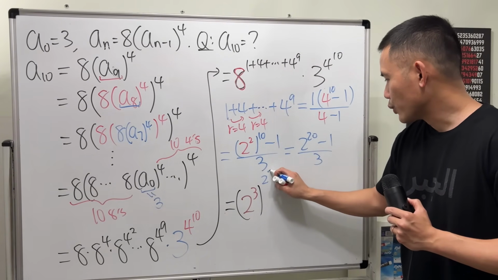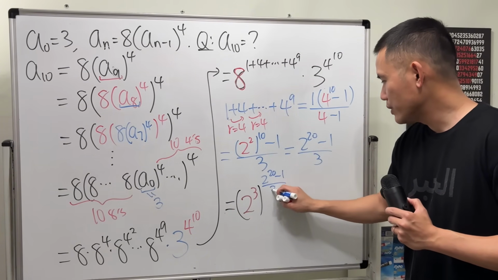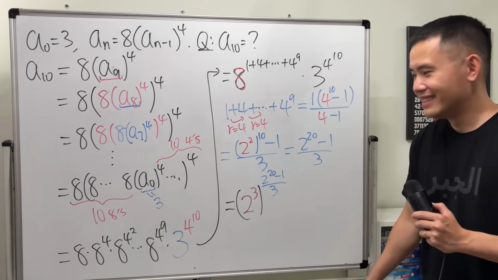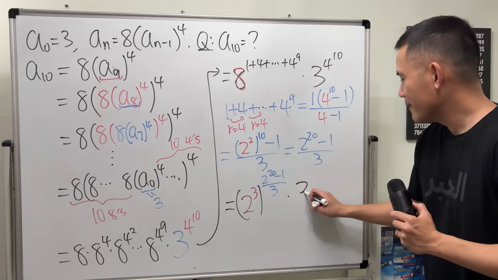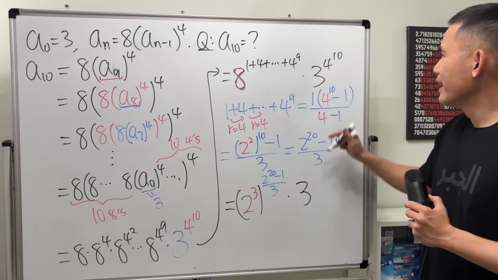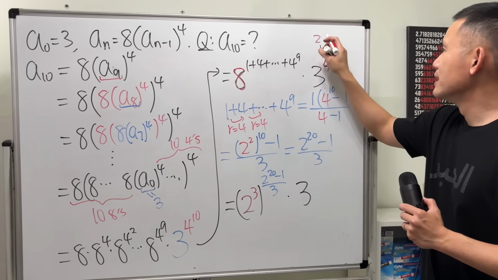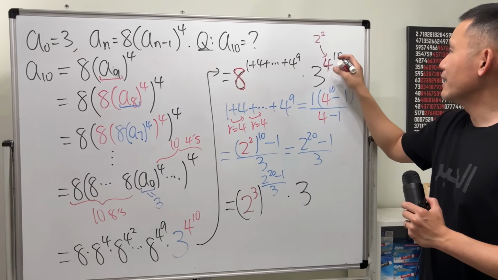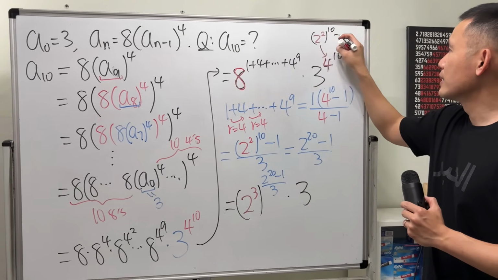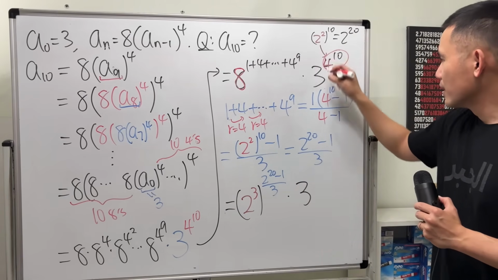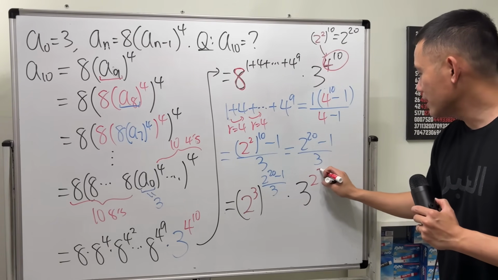It's 2 to the 20th power minus 1 over 3. And later on, when we multiply the powers, they cancel out very nicely. Okay, multiply by this 3 here. And now for this 4, we are going to look at it as 2 to the second power, and now, of course, we have the 10th power here. So that will be 2 to the 20th power.